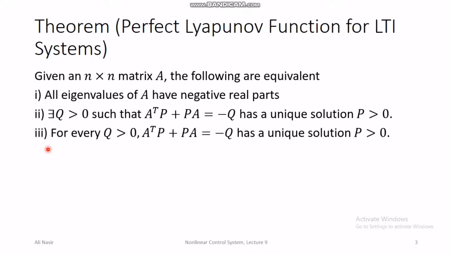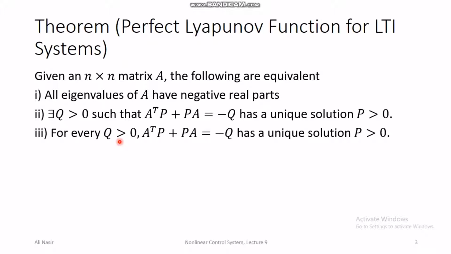Third, for every Q greater than 0, A transpose P plus P A is equal to minus Q has a unique solution P greater than 0. Now this third statement is basically making our life a whole lot easier. Why?